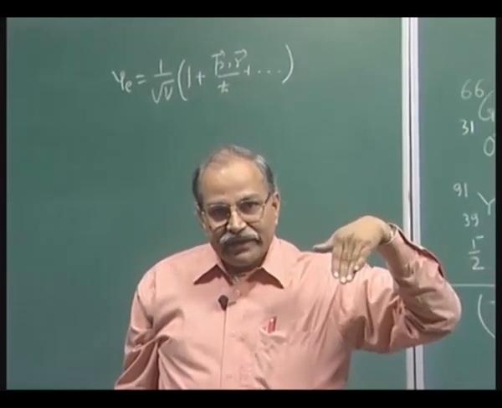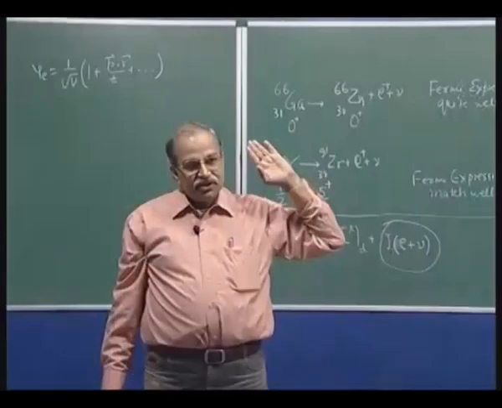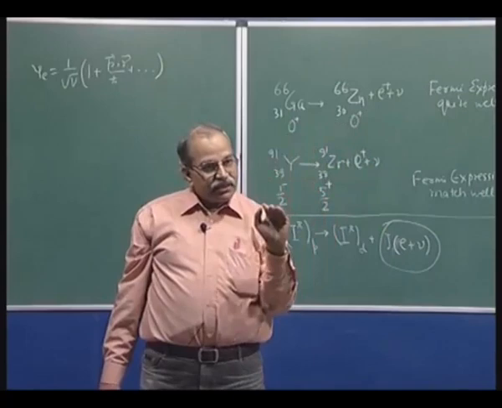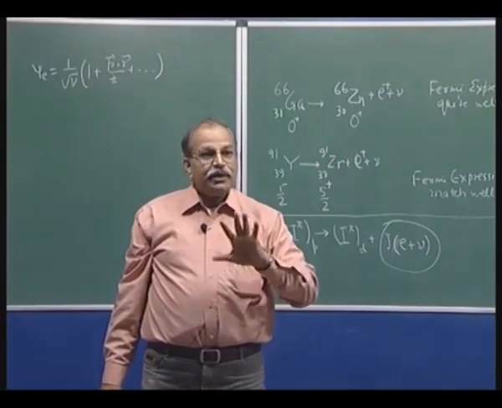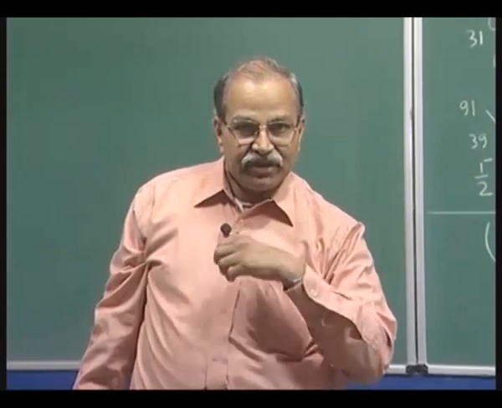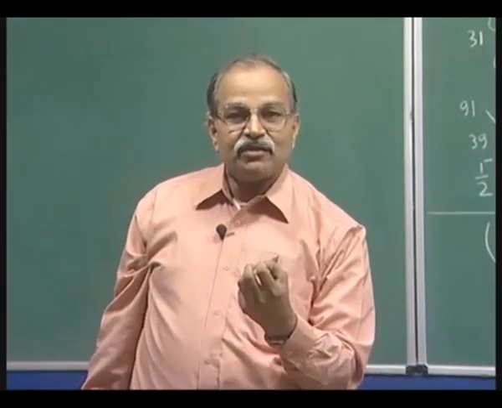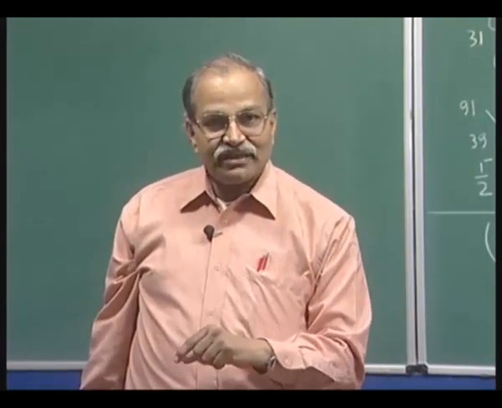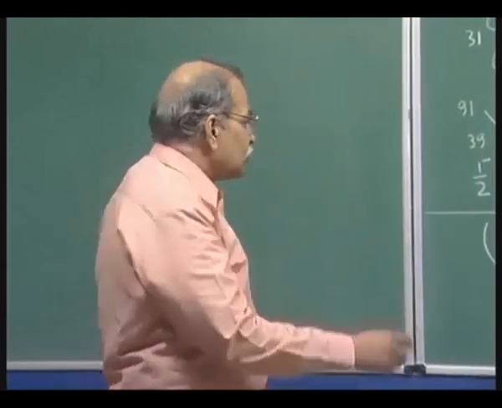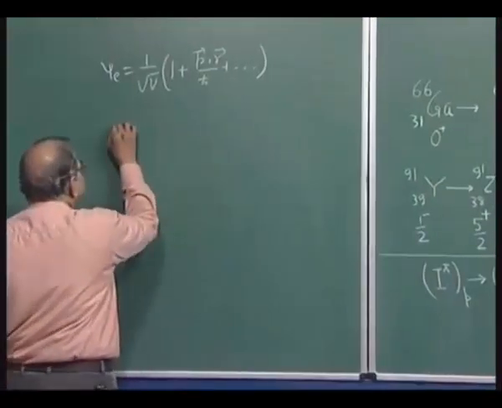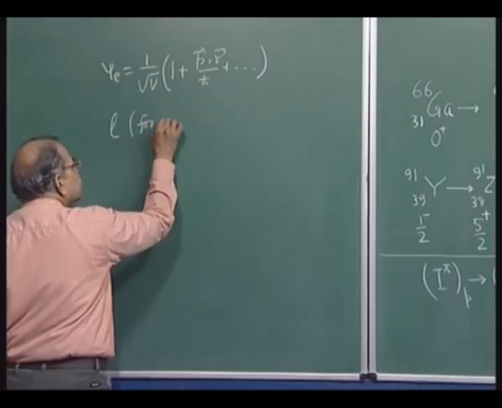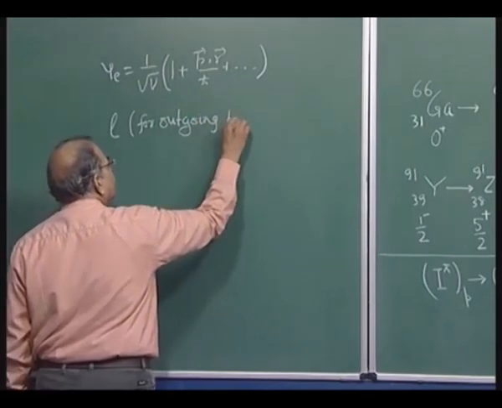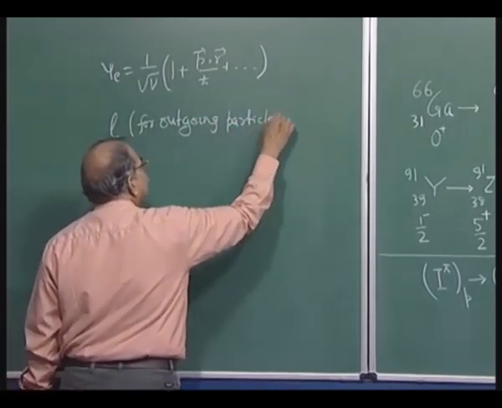So, the underlying approximation that we did for Fermi expression by taking these electron and neutrino wave functions to be a constant, essentially we have committed that the orbital angular momentum of these outgoing particles with respect to the daughter nucleus is 0. So, the L for outgoing particles is 0.